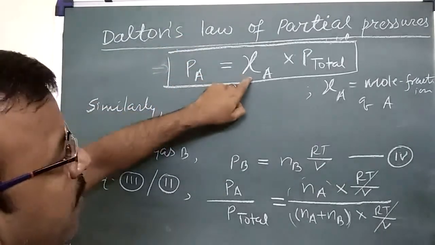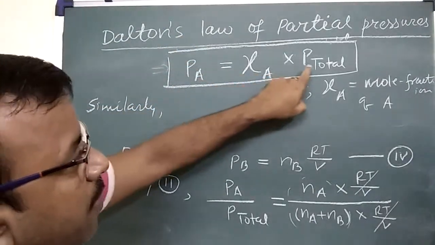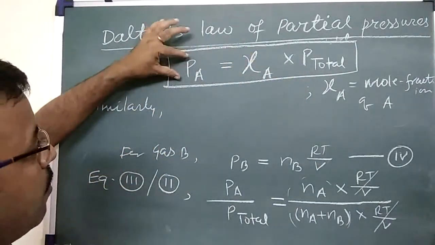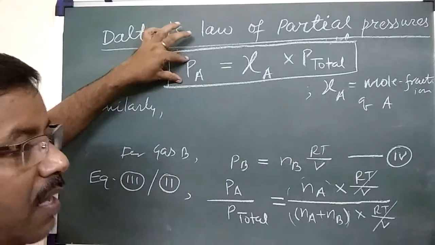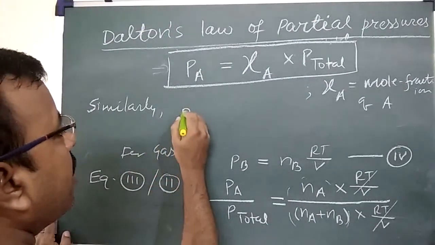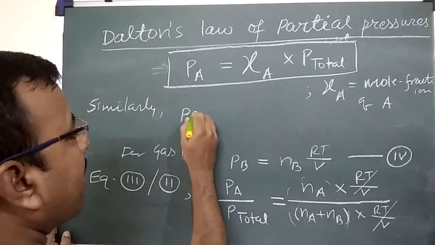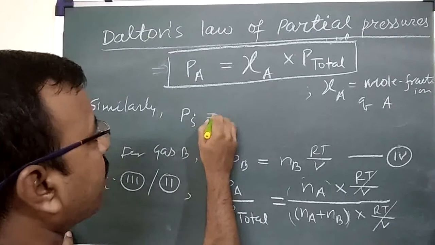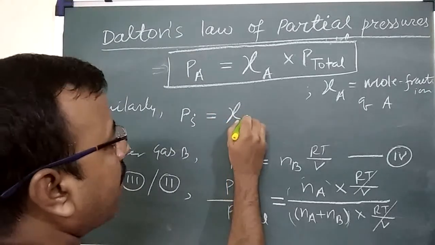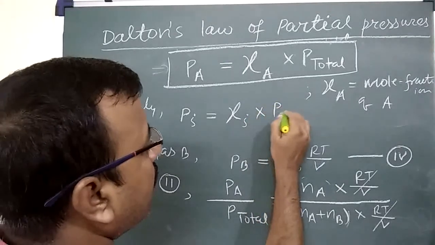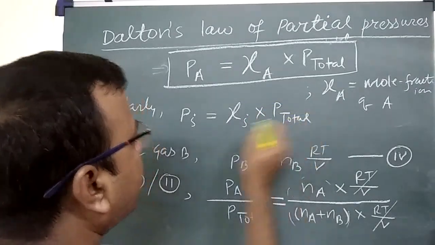If we know the mole fraction of that gas and multiply it with the total pressure of the mixture, we can get the partial pressure of the individual gas. So this is the general equation: the partial pressure of the ith gas is equal to the mole fraction of the ith gas into the total pressure of the mixture.